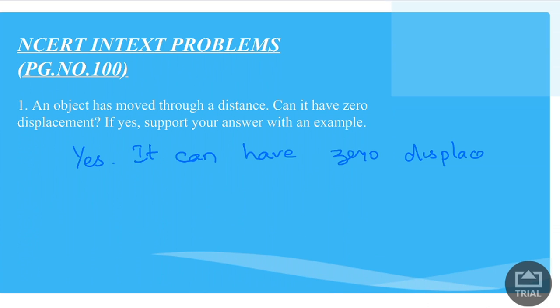When an object moves from one point and comes back to the same point, in that case the displacement can be zero.